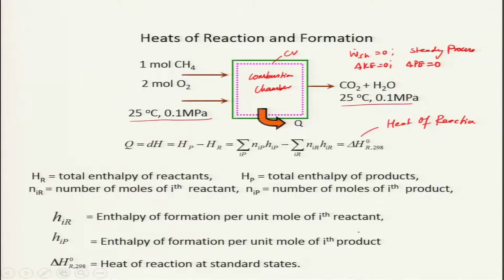So, if I know these values of the heat of formation for each species and know the mole quantities, I can find the heat of reaction very easily. And this heat of formation at standard temperature and pressure is generally given in tabular form for each species, and using that we can do this.